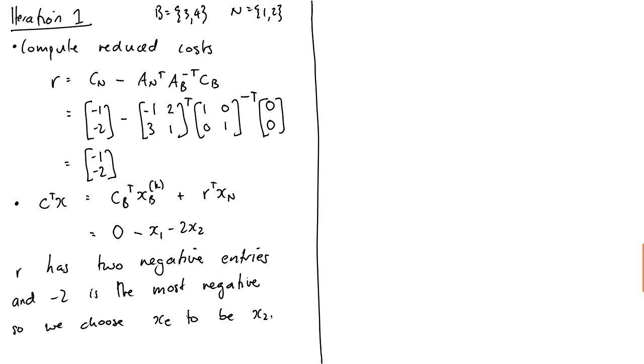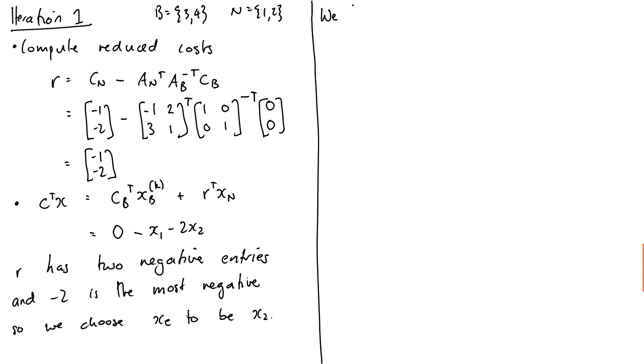Okay, so we want to make x2 enter our basis, and we're going to remove either x3 or x4. Now remember what we're doing is we're going to increase x2 until one of x3 or x4 drops to 0.